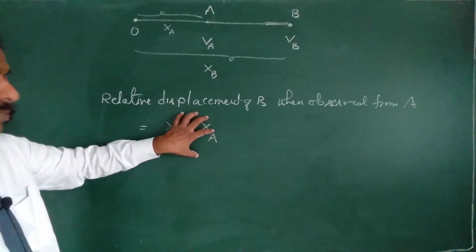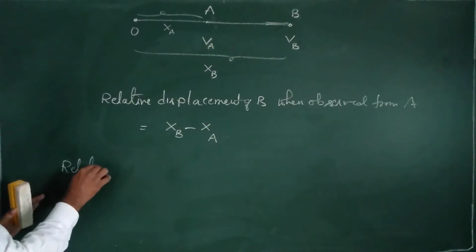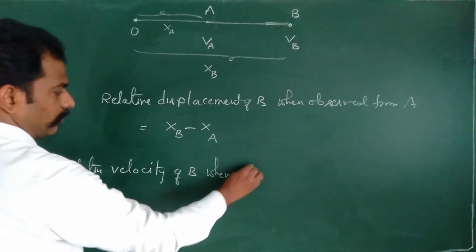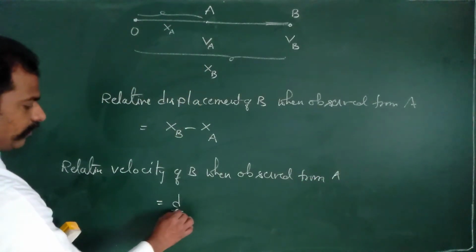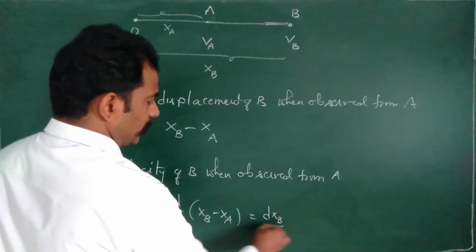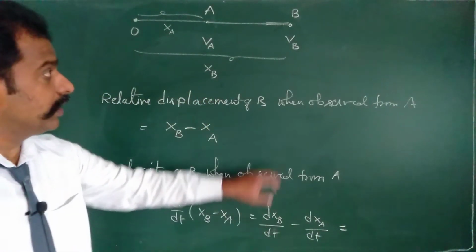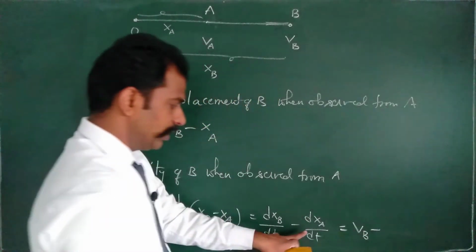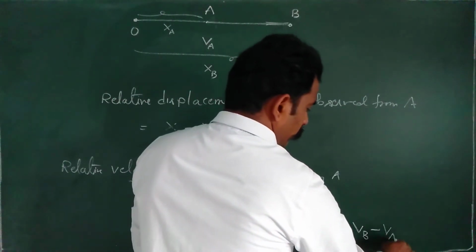The rate of change of this displacement is called the relative velocity of B when observed from A. So the relative velocity of B when observed from A is equal to d by dt of (XB minus XA), which equals dXB/dt minus dXA/dt. But dXB/dt is nothing but the rate of change of displacement of the body B, that is the velocity of B. So VB minus dXA/dt, the rate of change of displacement of the body A, which is nothing but the velocity of A. So VB minus VA.